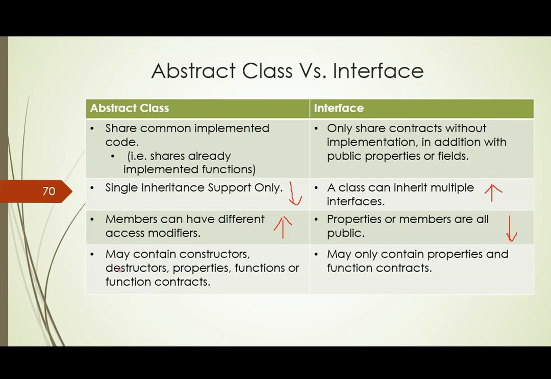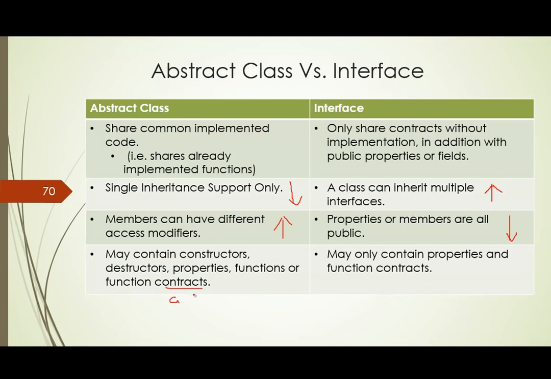An abstract class may contain constructors, destructors, public properties, functions, and so on. Contracts will be the abstract methods, and for VB it is MustInherit, if I'm not wrong, because I did VB a very long time ago. So instead of abstract, if you're doing VB coding, put the MustInherit keyword.